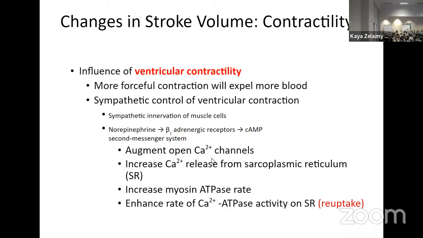We have beta-1 adrenergic receptors. So they trigger that cyclic AMP messenger system. So they're activating cyclic AMP. And what cyclic AMP does in the ventricular myocardium, so in that heart muscle, is it opens calcium channels. There were some already open. This is why it says augment, it opens more, basically. Also increases the release of calcium from your sarcoplasmic reticulum.